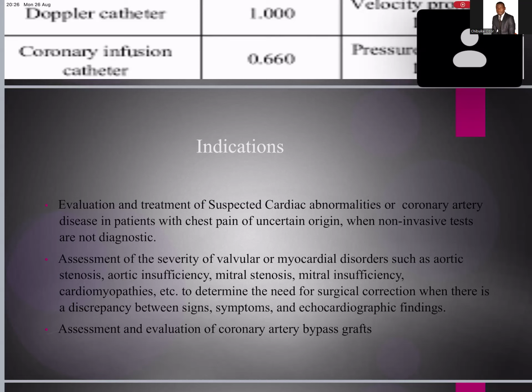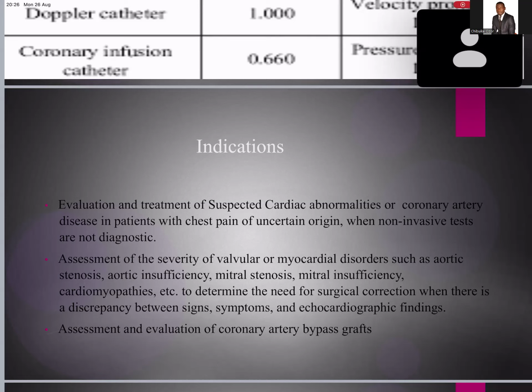Then you also have assessment of the severity of valvular or myocardial disorders such as aortic stenosis, aortic insufficiency, mitral stenosis, mitral insufficiency, and then cardiomyopathies. And then to determine the need for surgical correction when there is a discrepancy between signs, symptoms, and echocardiographic findings.